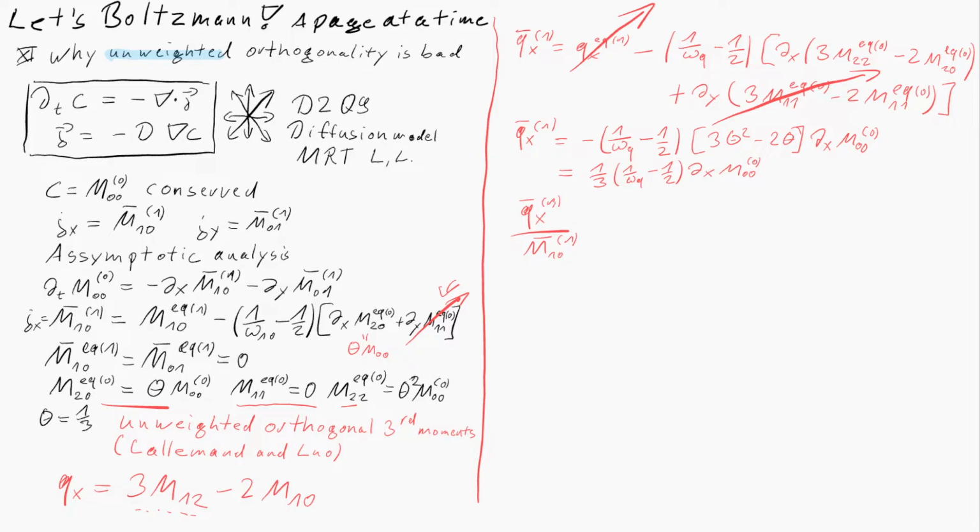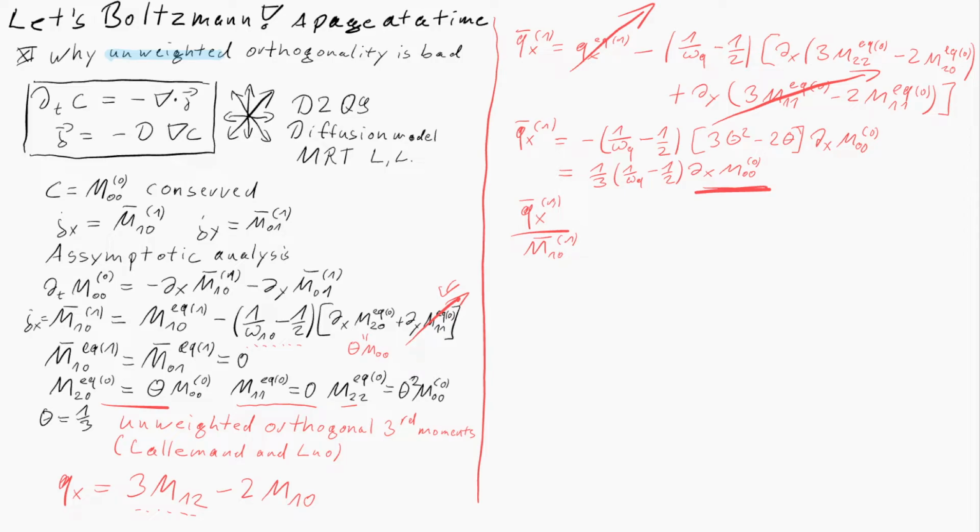So basically we have again the same derivative, just a different prefactor in the first order moment.